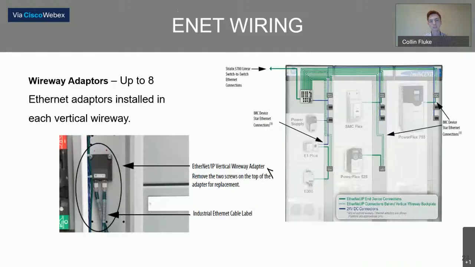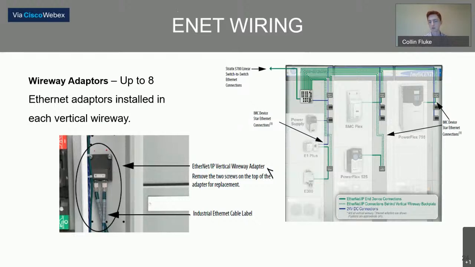Now, instead of having a single cable from the switch to the unit, we can also put optional wireway adapters in the vertical wireways. This is Ethernet ports in the wireway that are connected to the Ethernet switch. So this is very convenient if you're going to be moving buckets around in the field often, or for easy troubleshooting for anything.